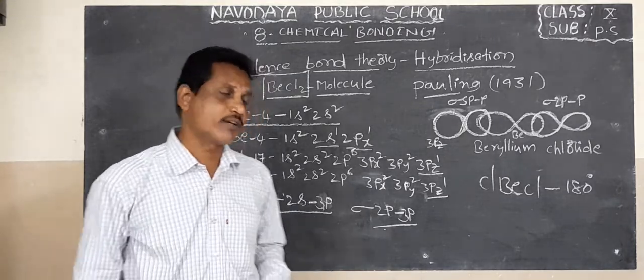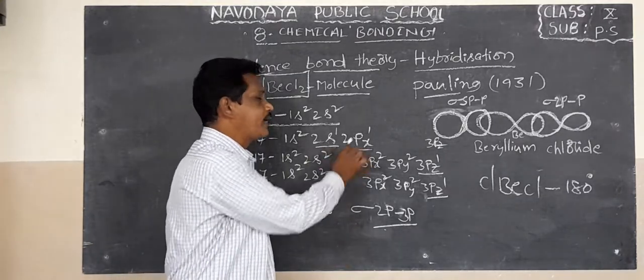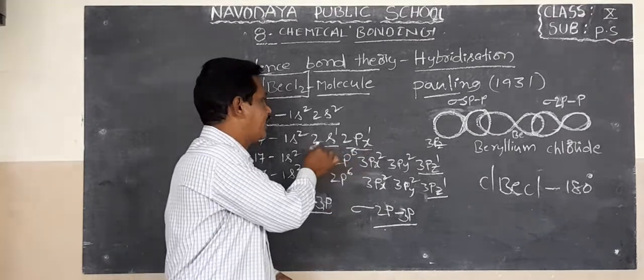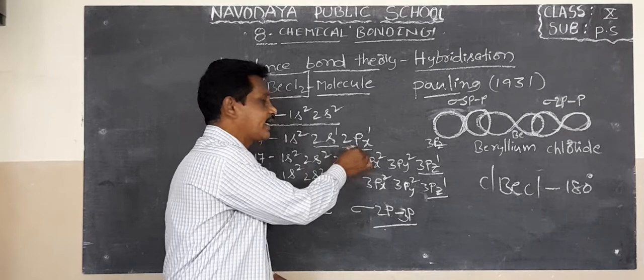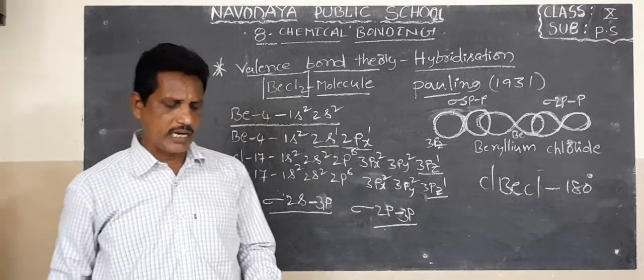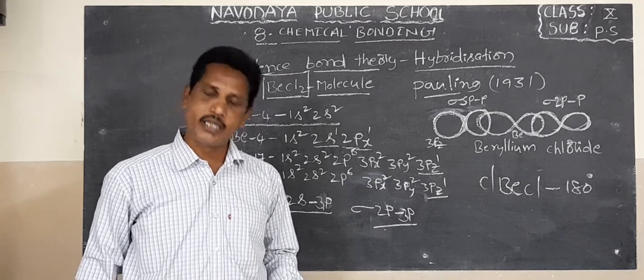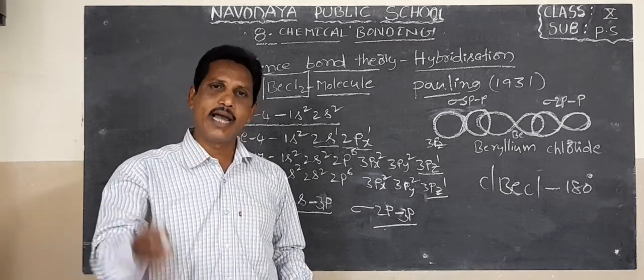The 2s and 2px orbitals have almost equal energy because both are in the second shell, the outer shell of the same atom.